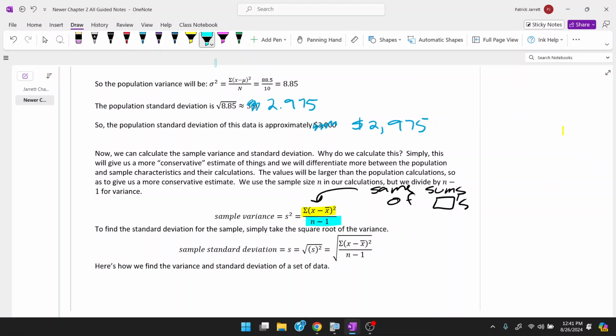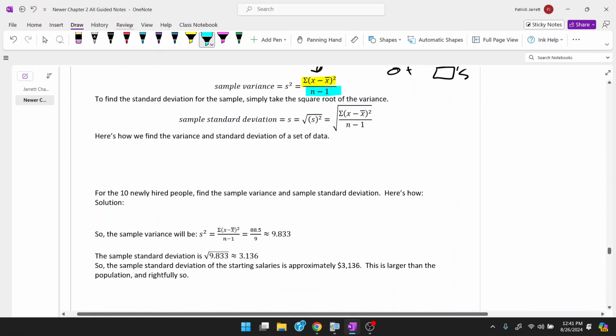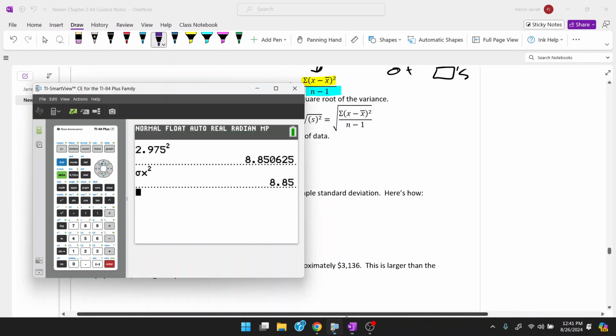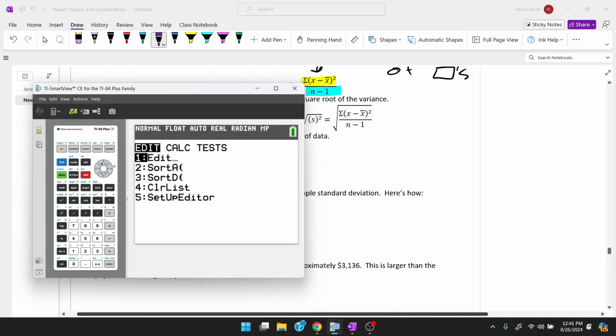So here's what happens. So what happens then is we take basically the sum of squares and divide it by 9. And then we take the square root, and that's how we get the sample standard deviation.